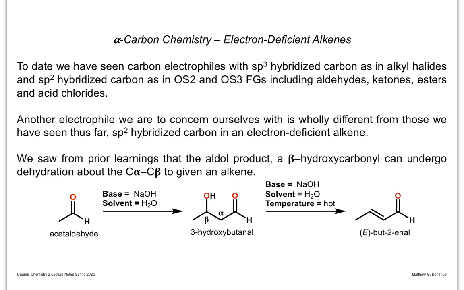So this first reaction shown, that was the aldol. If we take acetaldehyde under base conditions, we end up with that beta hydroxycarbonyl. And then if we coax it a little bit more with heat, we can do an elimination where we're losing H2O.